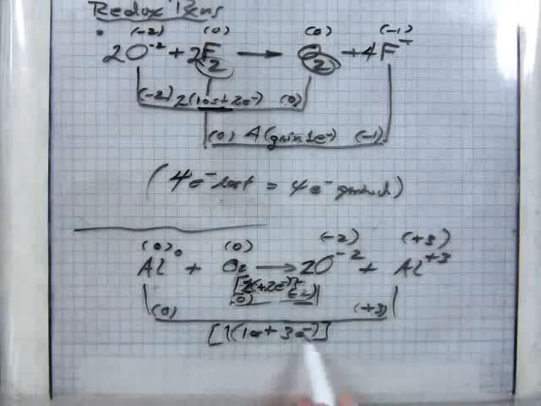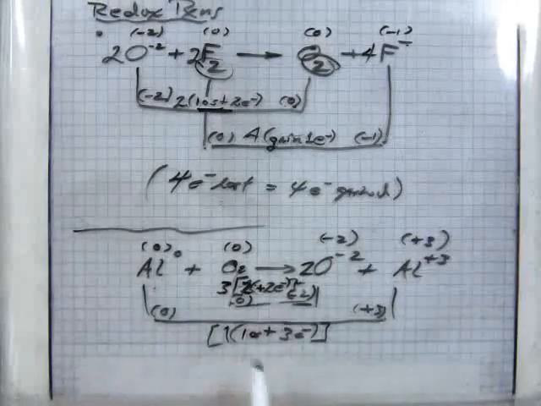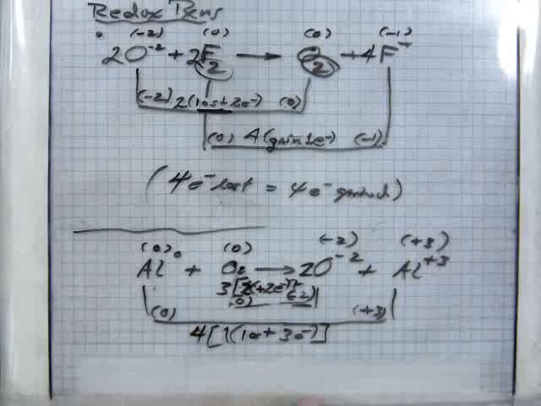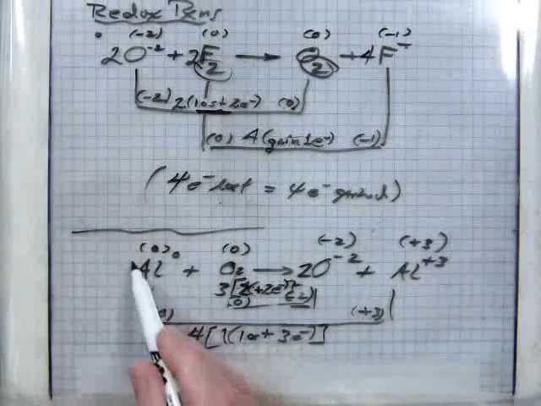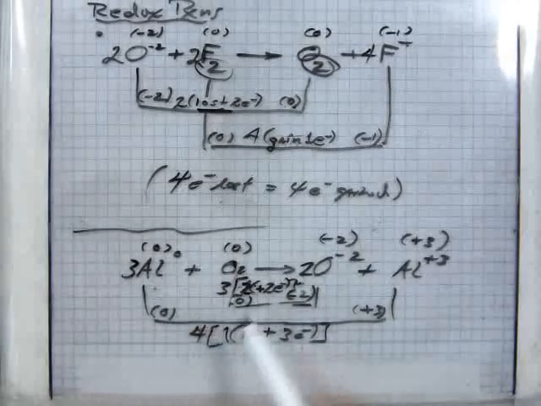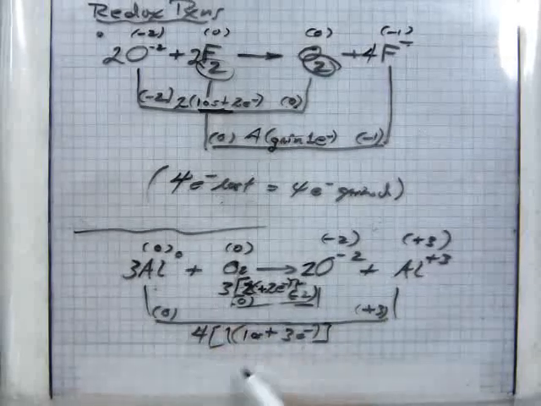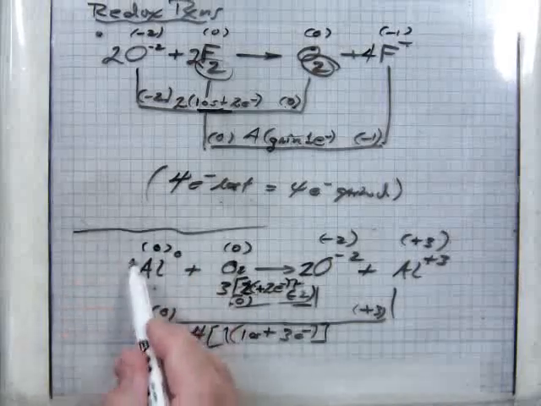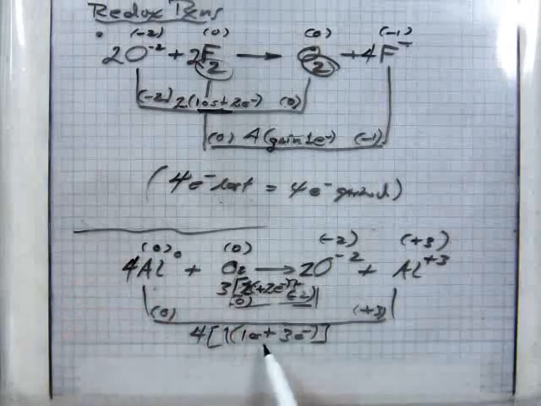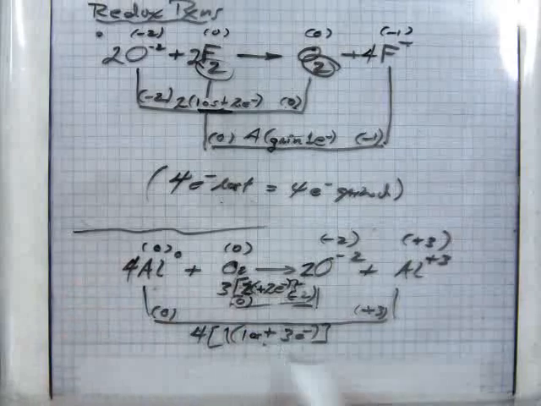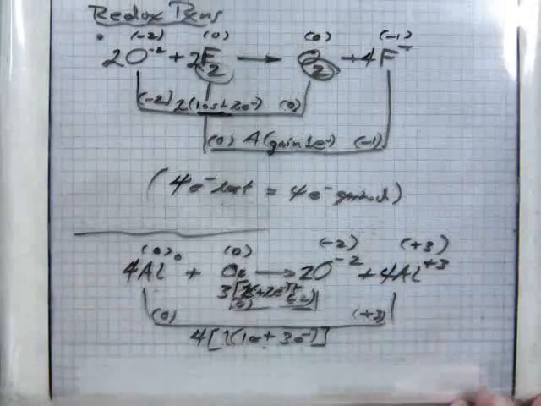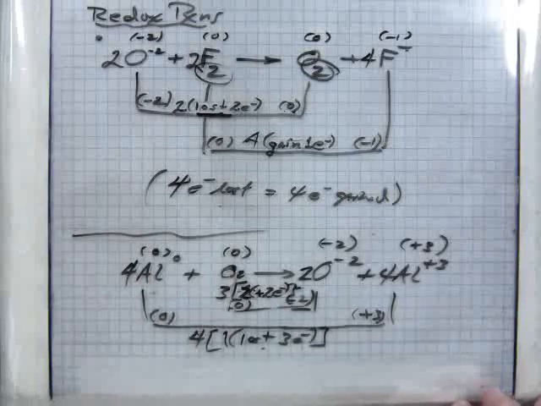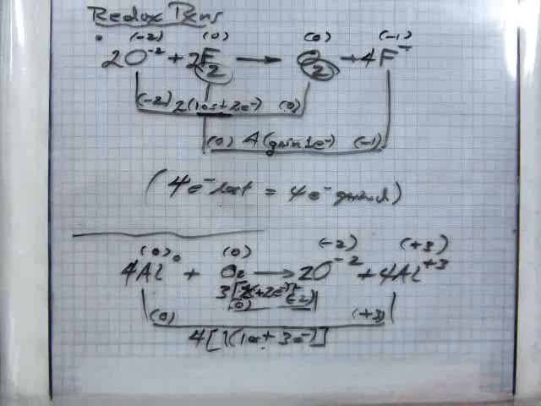So what I'll do is I'll just bring a 3 up here and a 4 down here, so that I have 4 aluminums, each of those 4 losing 3 electrons. So I'll need a 4 over here. So you have to think like that to understand these kinds of balance procedures.